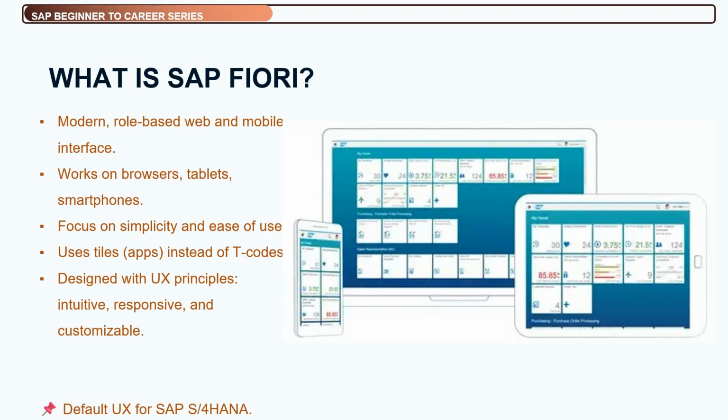But when it comes to Fiori, you can search for the transaction by its name in the search bar, or else you can just click on the visible tile and access that particular transaction. Designed with UX principles. What is meant by UX principles? It means this is not just a user interface, not just a UI. This is more than UI, and it gives user experience. We call it UX, which is user experience. So it's intuitive, responsive, and customizable.